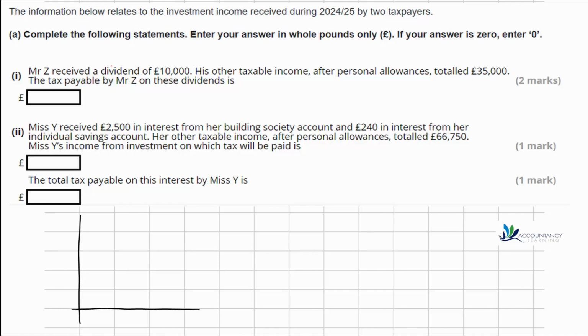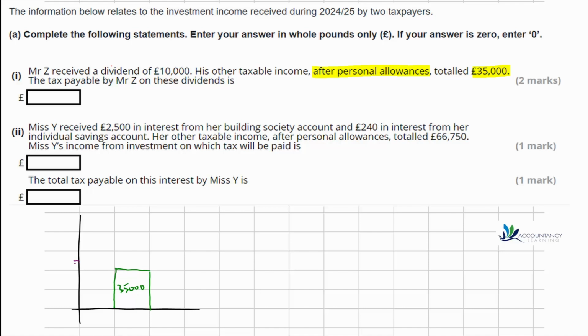There will be some personal allowance. We'll have our income, but we'll deduct our personal allowance from that. And then we've got this other income of the 35,000. After we've deducted the personal allowances, we create this block of income for the 35,000, and we see what that is in relation to the tax bands.